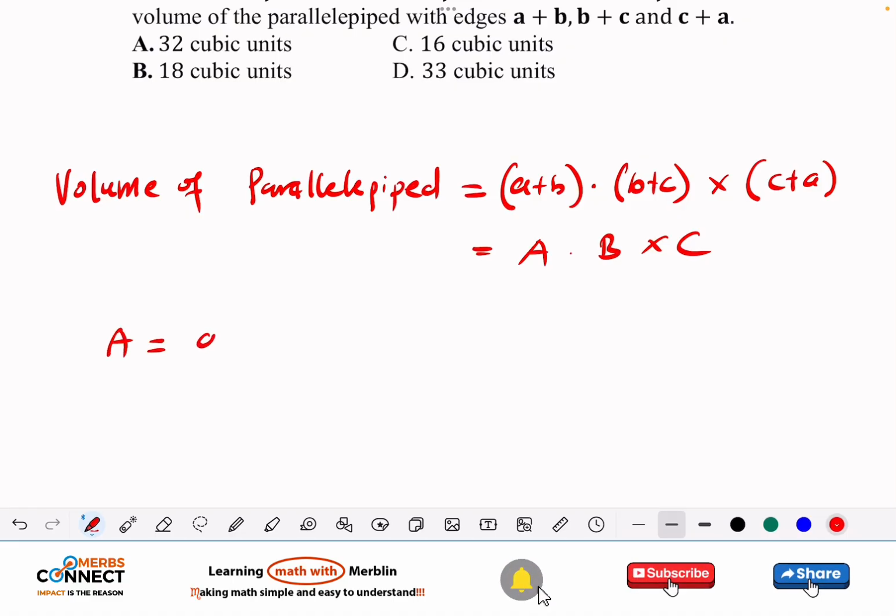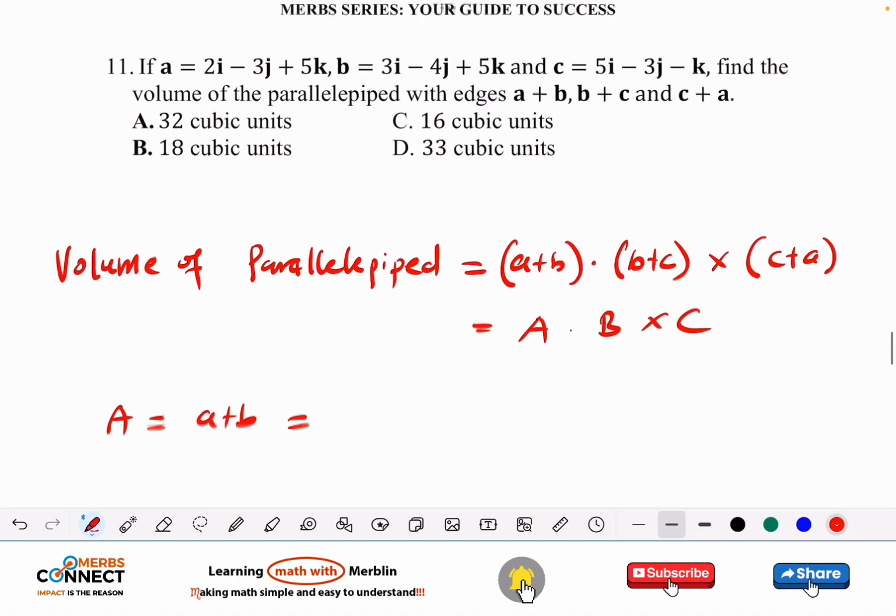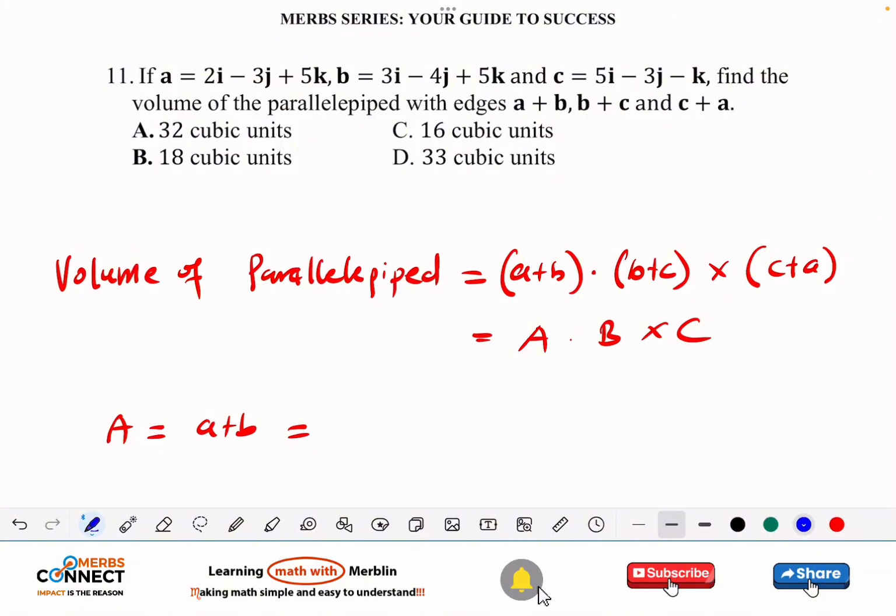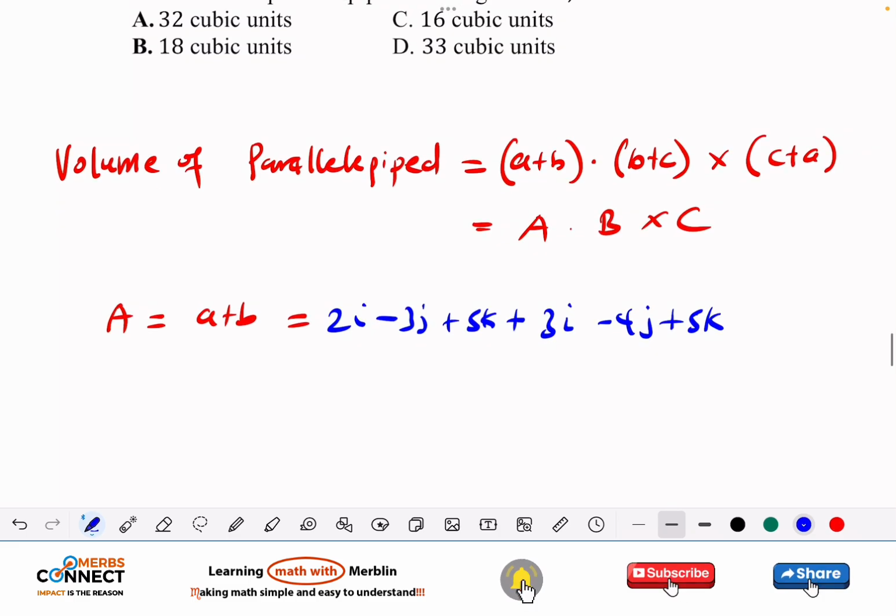So now let me go and look for big A. Big A is equal to A plus B. So A is 2i minus 3j plus 5k, plus B is 3i minus 4j plus 5k. Sum them: 5i minus 7j plus 10k.